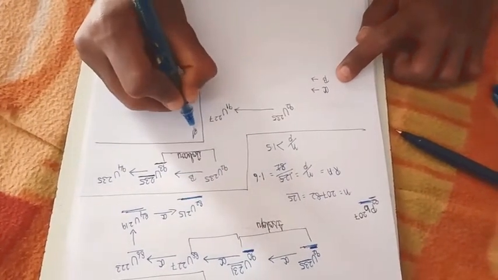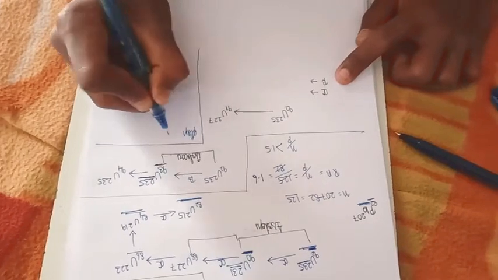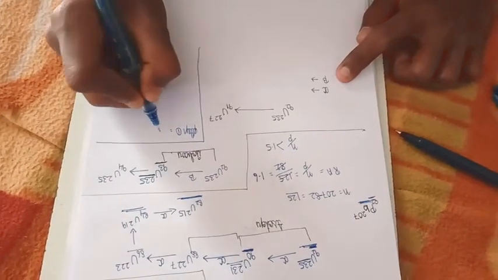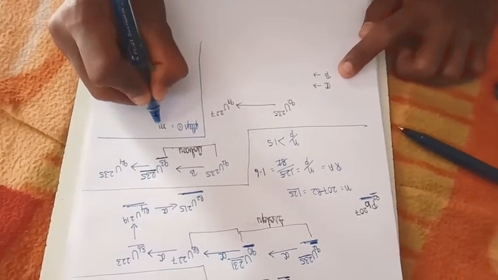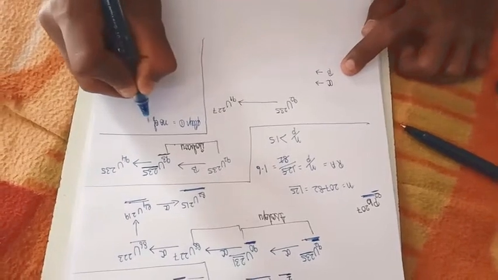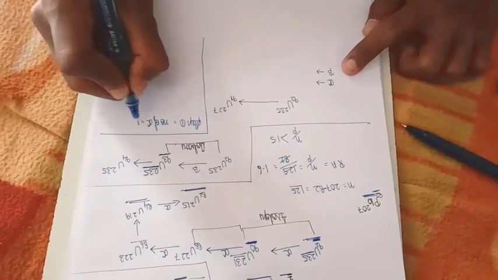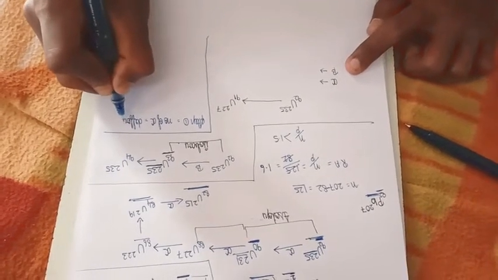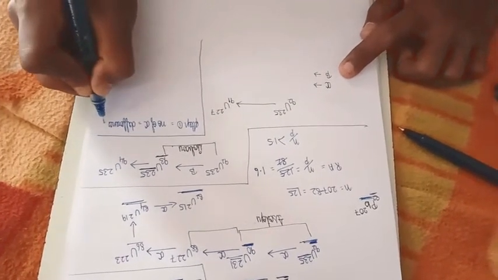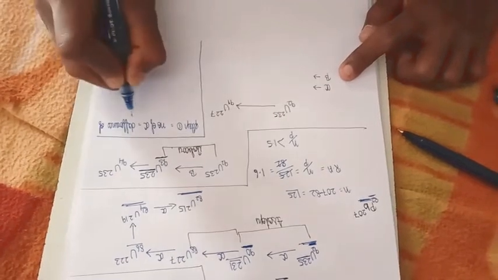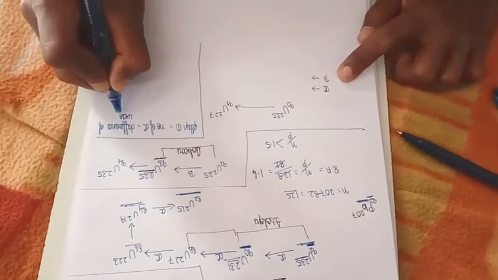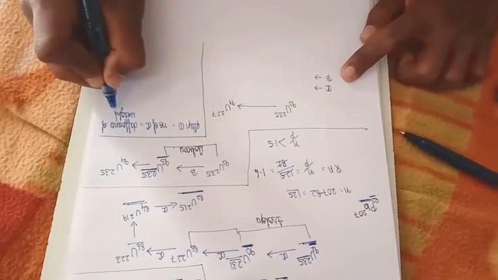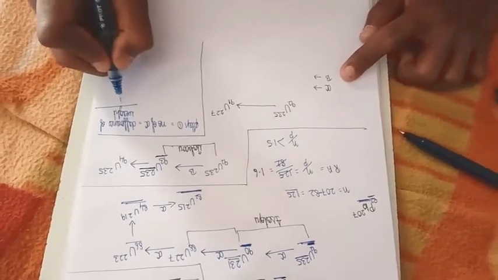Step 1, a trick: how to calculate the number of alpha. The number of alpha is equal to the difference in weight divided by 4.